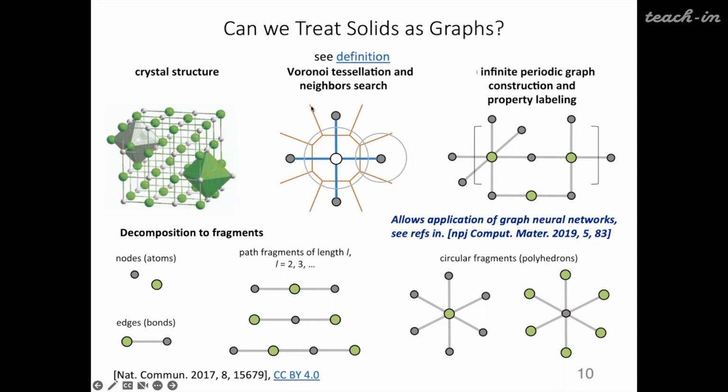So all these points are closest to this atom. These points in this region are closest to this atom, etc.